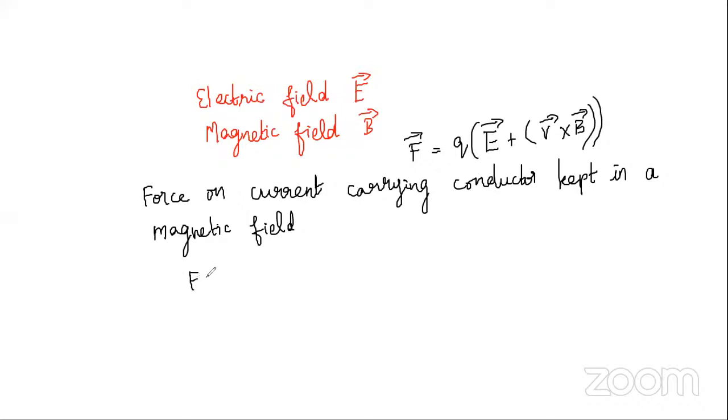F equal to IL cross B, where the length of the conductor is L and the magnetic field is B. So when you have a conductor of length L carrying a current I, kept in a magnetic field B, the force on the conductor is given by F equal to IL cross B. This is the expression you need to understand and apply for different cases.